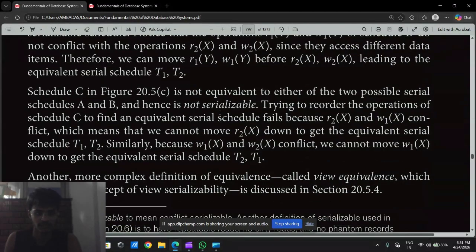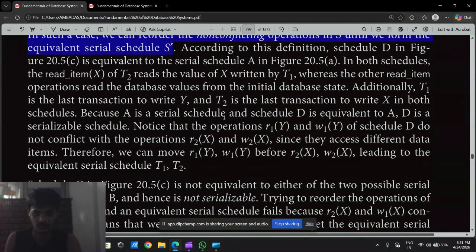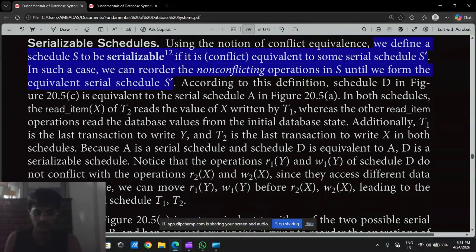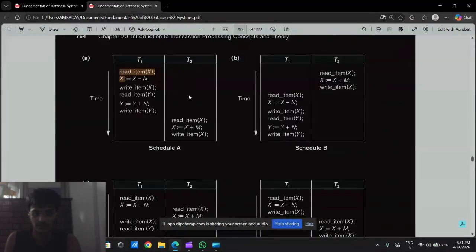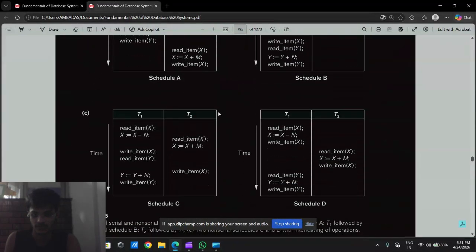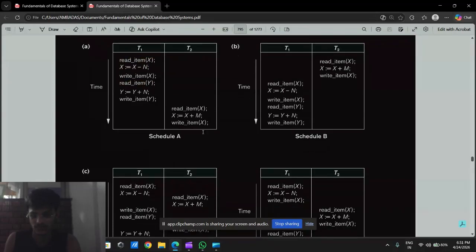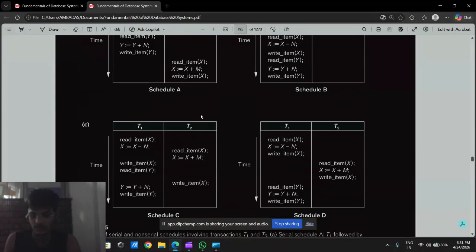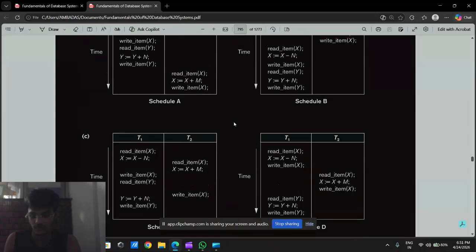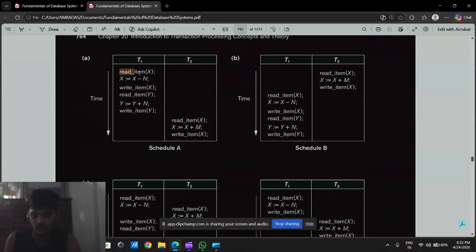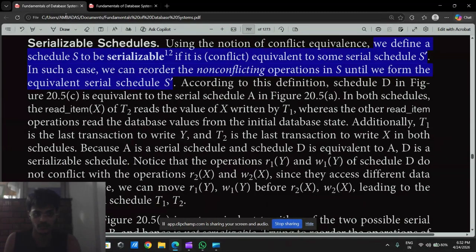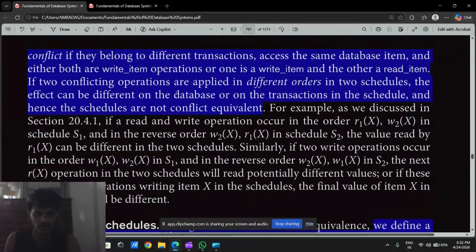So the main thing I have to mention is, we are just going to observe the order of read and write operations as they are mentioned. If the relative order of read and write operations in both the schedules is the same, which means also the only ones which are forming conflict. Wait, I'll make that clear.